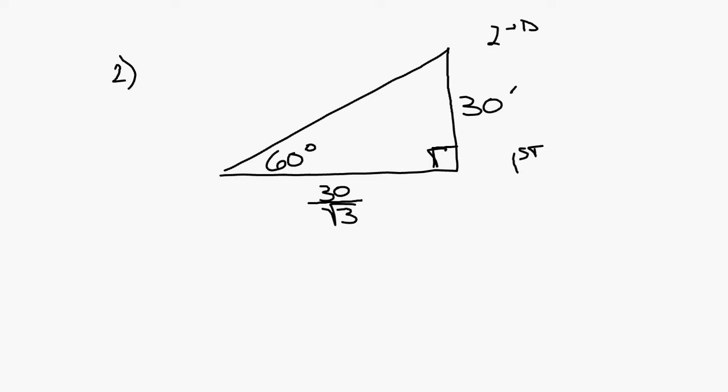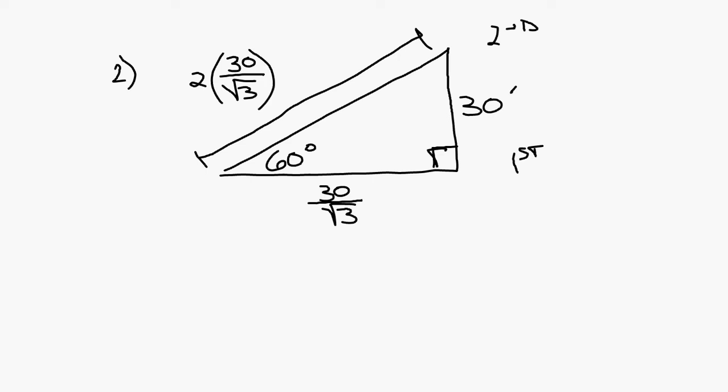So the hypotenuse, or the length of this conveyor belt, is going to be equal to 2 times 30 divided by the square root of 3. And when you do that in your calculator and round it to the nearest whole number, it equals 35 feet.